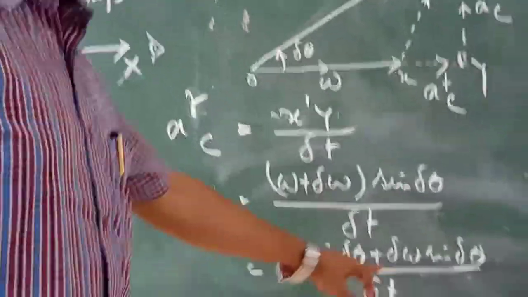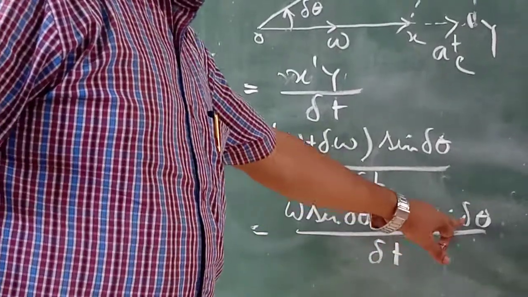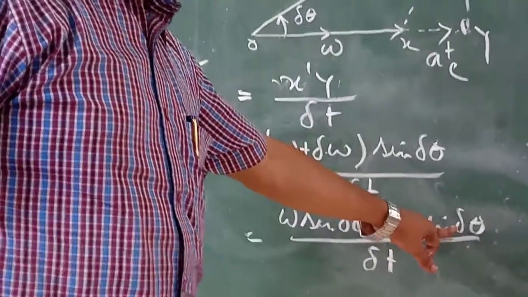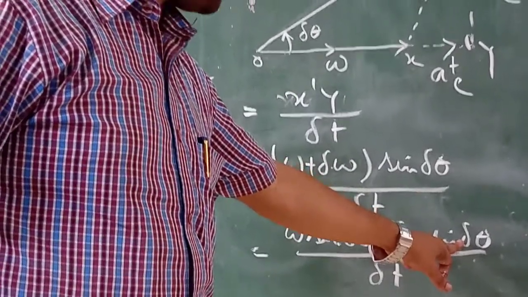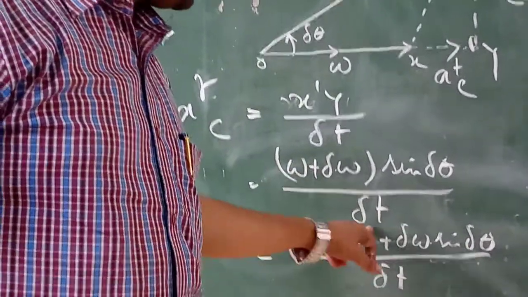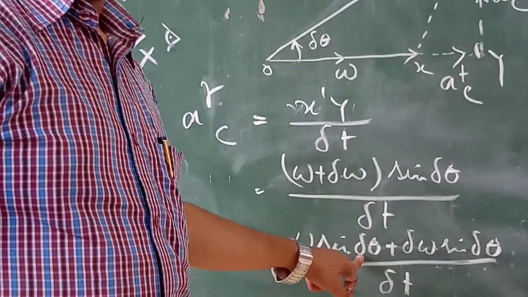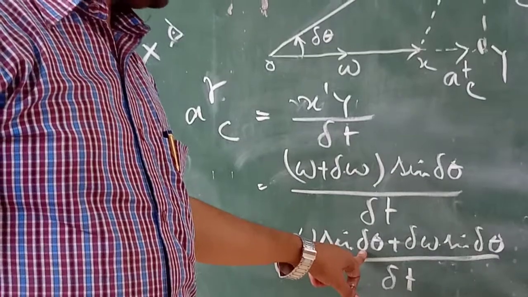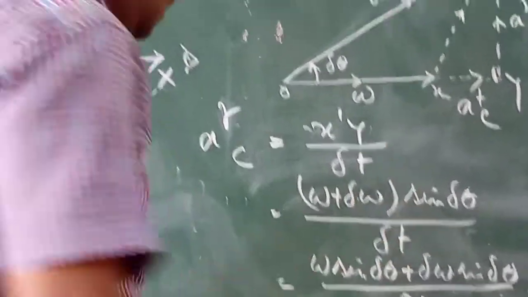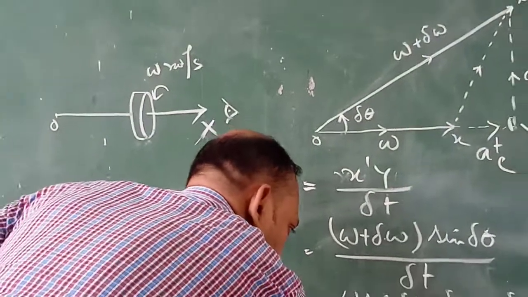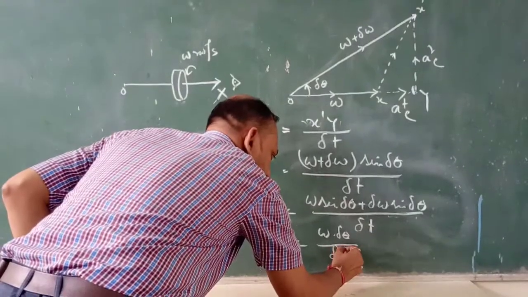Now you can notice that del omega and sin del theta, the product is a very negligible term and can be eliminated from the expression. So this is omega sin del theta by del t, and in the limit when del theta tends to 0, sin del theta is equal to del theta. So that is equal to omega into del theta by del t.